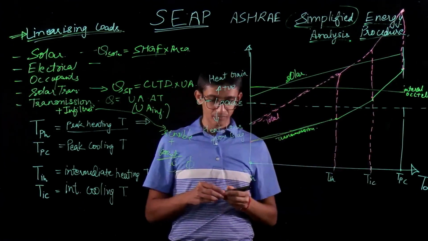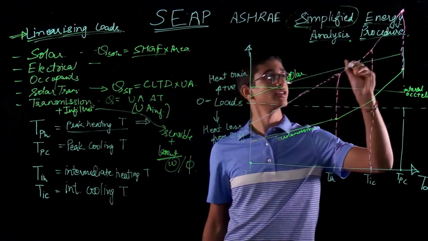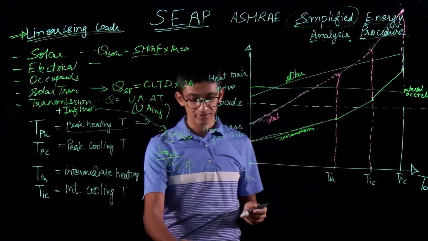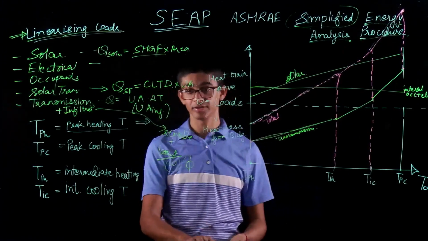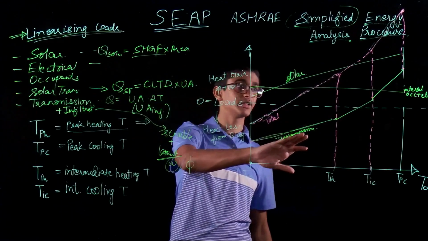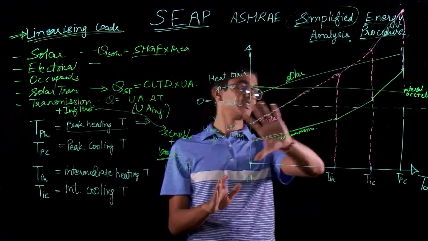So that's the overall total load on the building, considering all the loads which are possible. So this is how we can make an analysis or estimate of all the loads on the building. We have considered all the internal loads and electrical loads, solar load, transmission, and linearize it with respect to temperature.